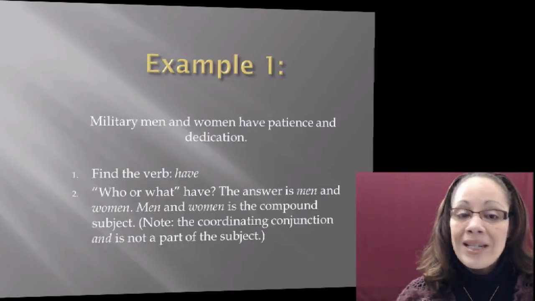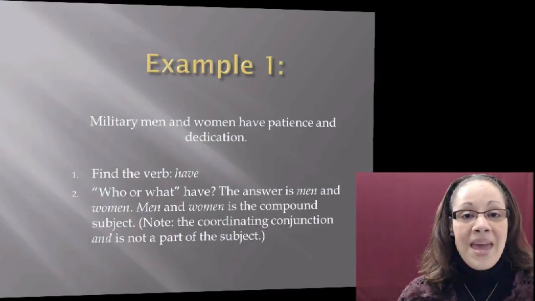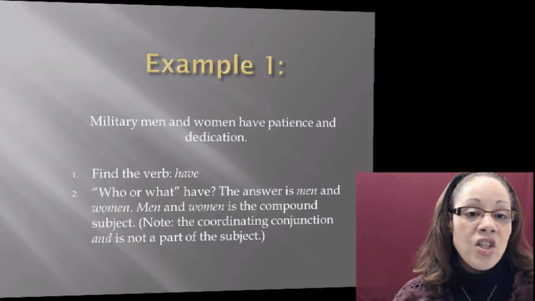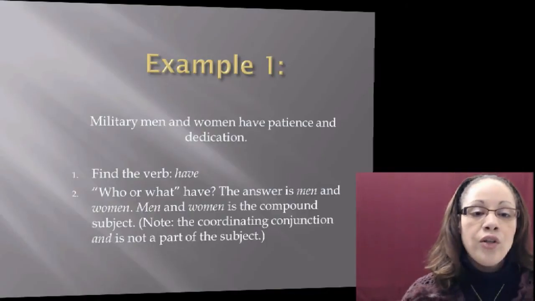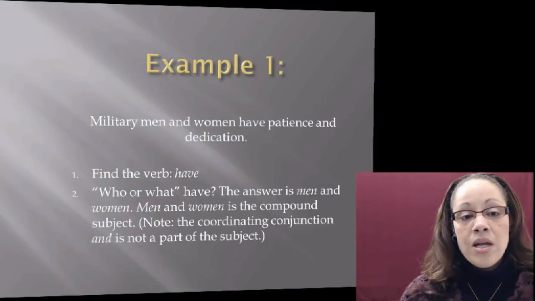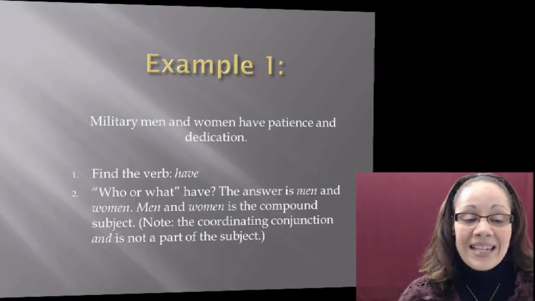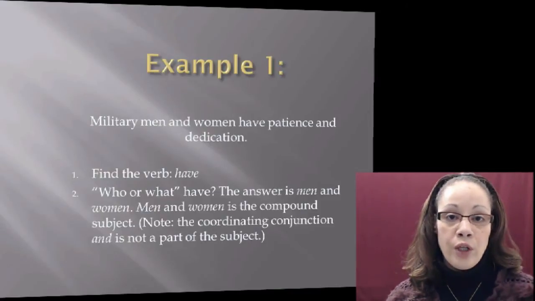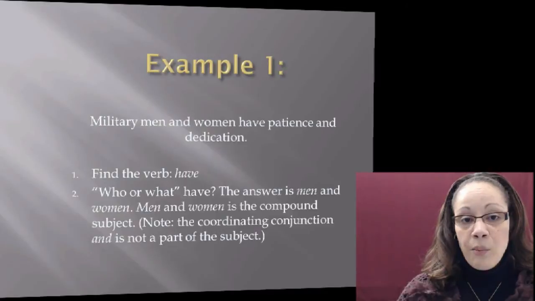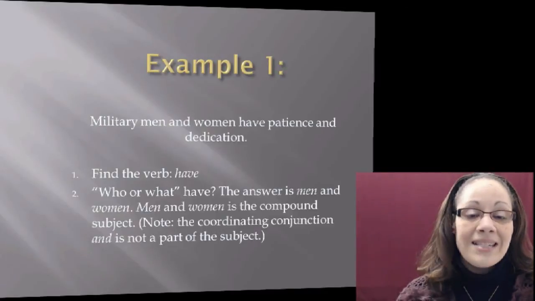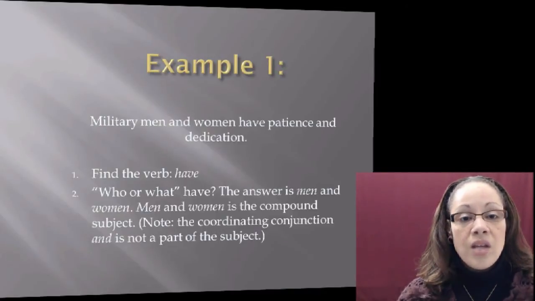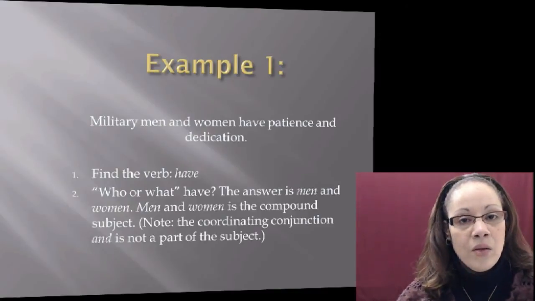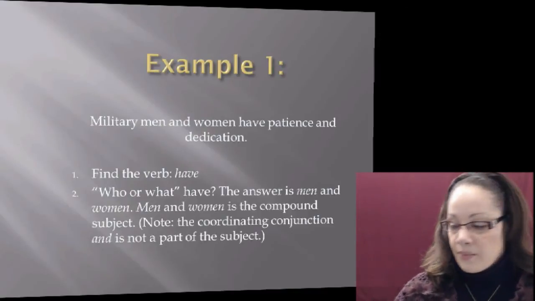And if you notice, I did not say men and women is our subject. That coordinating conjunction, and, we learned coordinating conjunctions in module number 1. So and is never going to be a part of your subject or of your verb. So don't put that as a part of your subject. Men, women will be your subject of the sentence.